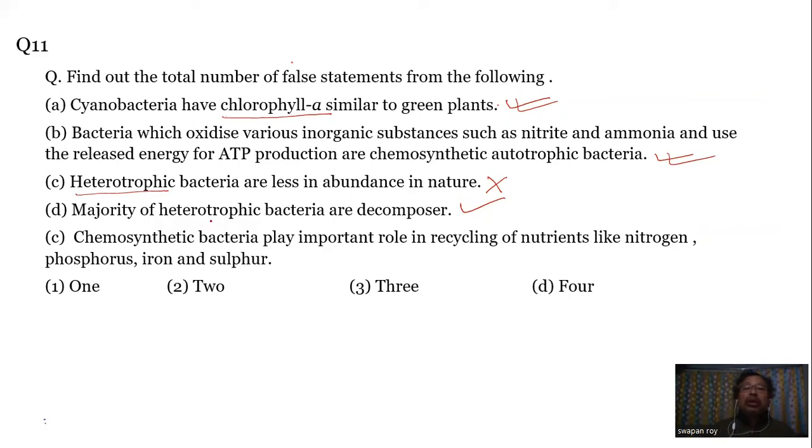The majority of the heterotrophic bacteria are decomposers. This is true. E, chemosynthetic bacteria play an important role in recycling of nutrients like nitrogen, phosphorus, iron, and sulfur. This is true because they get their energy by breaking the nitrate, nitrite, and other compounds of the metallic element. The false statement is only 1. Answer is option number 1.